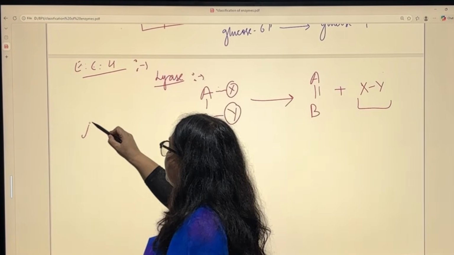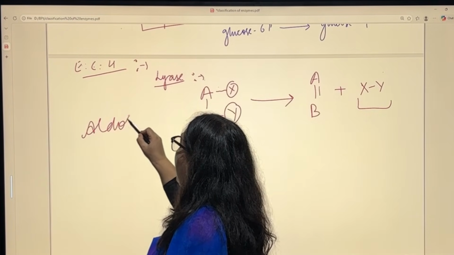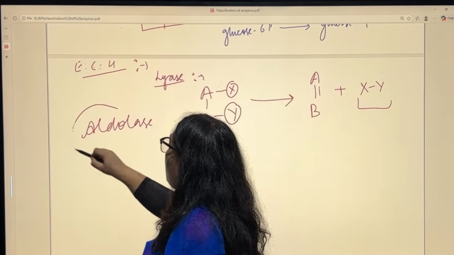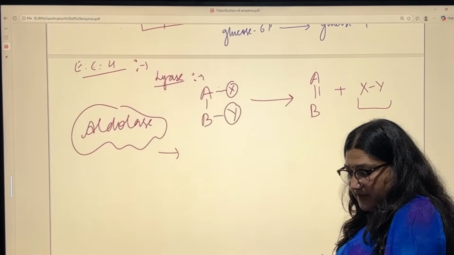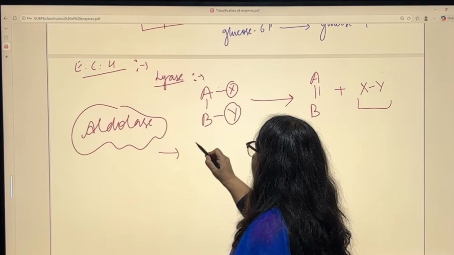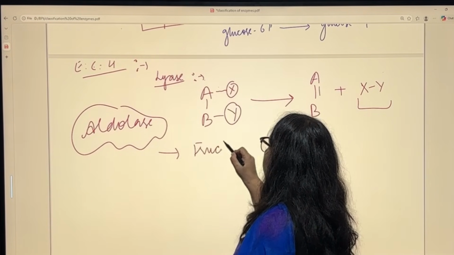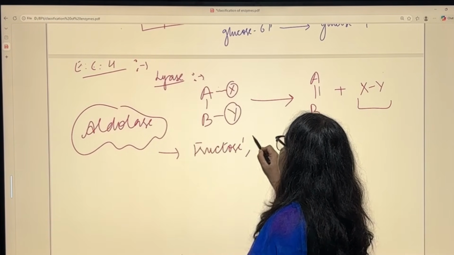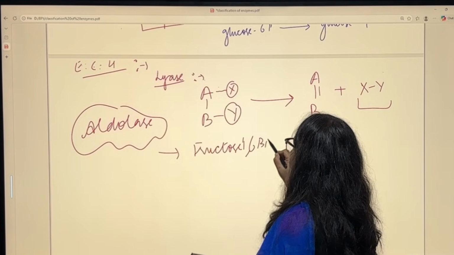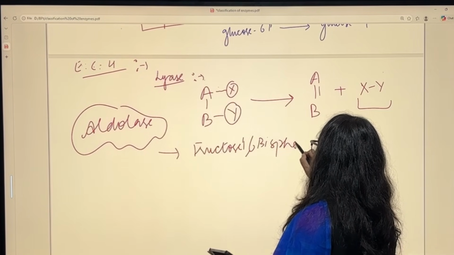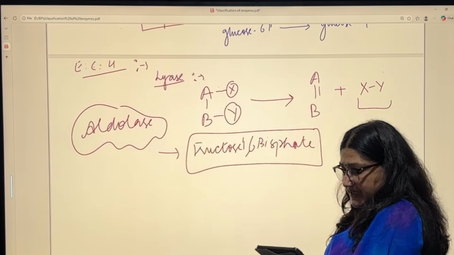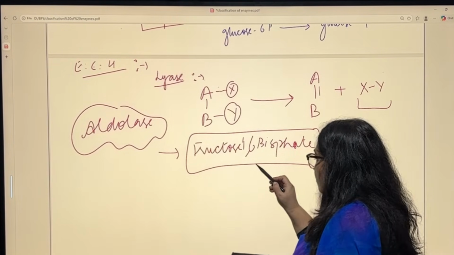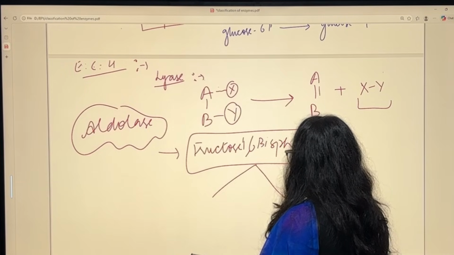A very good example of this is aldolase. Recall, where is the aldolase enzyme used? It is used in the glycolytic cycle. Fructose 1,6-bisphosphate is cleaved into two molecules.